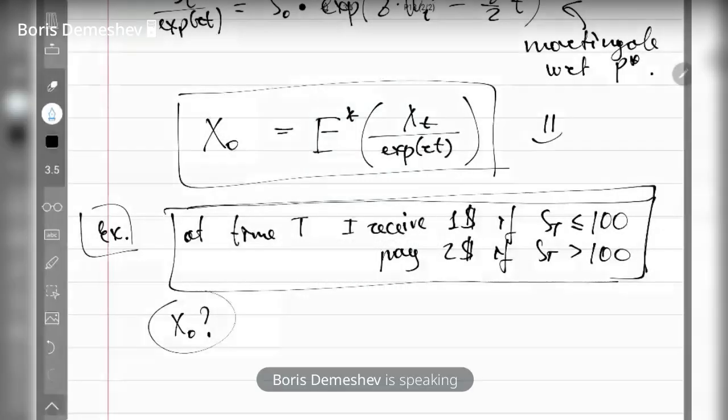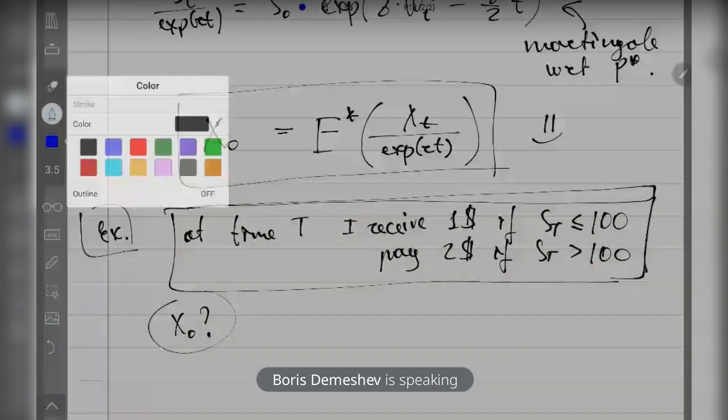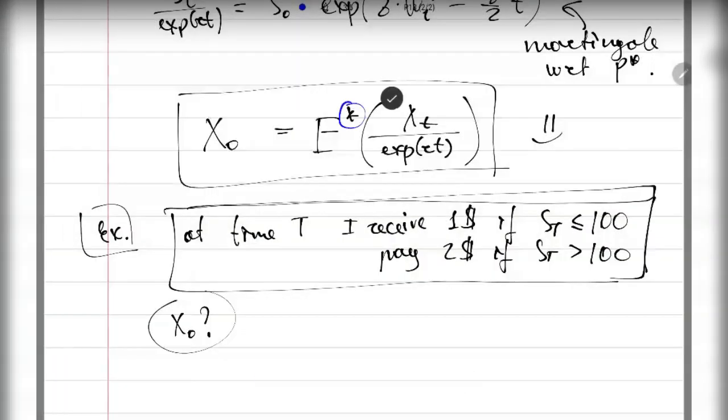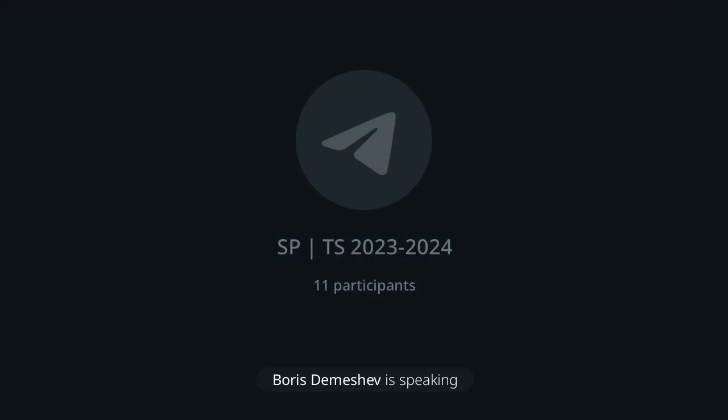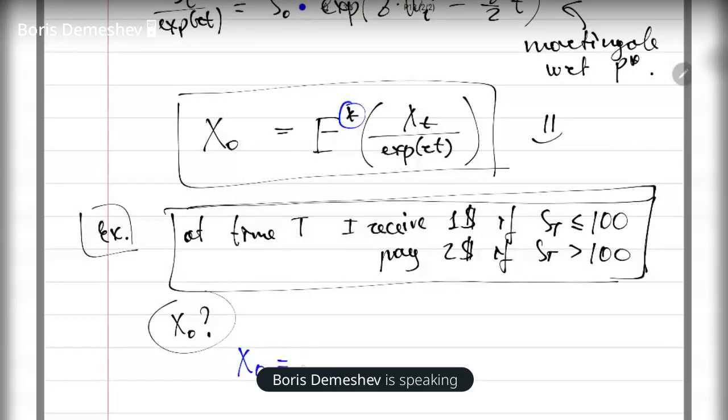We just calculate the expected value using the tricky probability measure. This tricky probability measure hides all the necessary calculations. So basically, X0 is exponent of minus RT times the expected value under the tricky probability measure of XT.